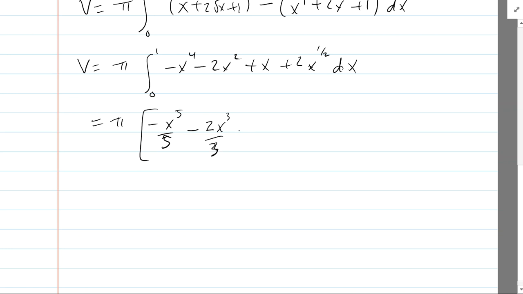What's the antiderivative of a positive x? X squared over 2. Awesome. What is the antiderivative of 2x to the 1/2 power? So it's 2x to the 3/2 over 3 times 2, which is 4x to the 3/2 over 3. And we are evaluating from 0 to 1.